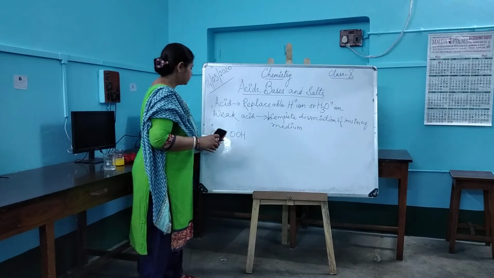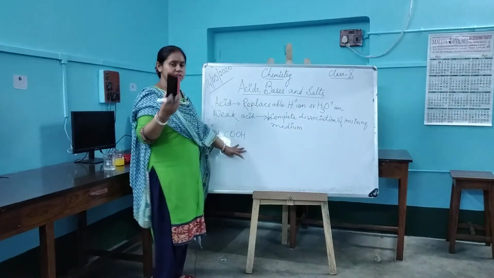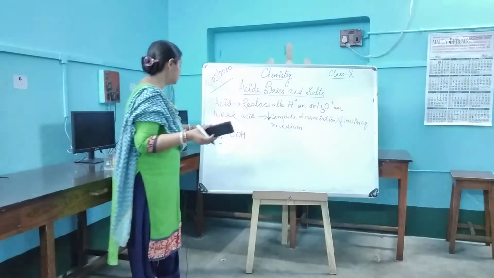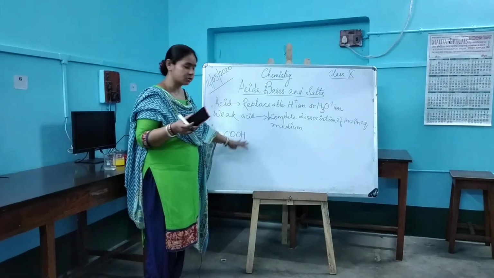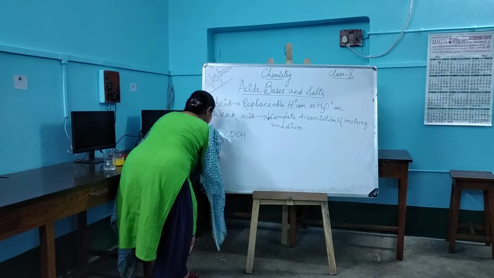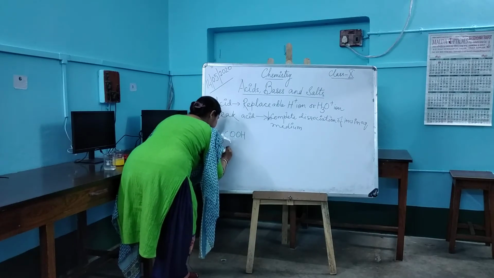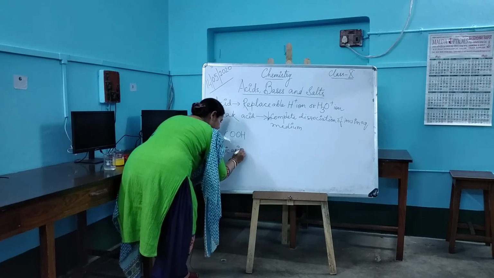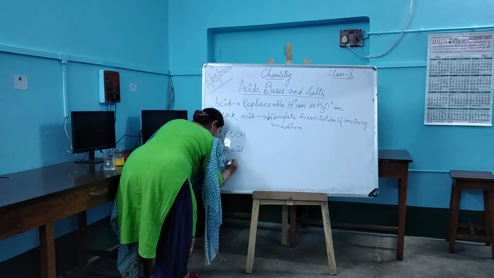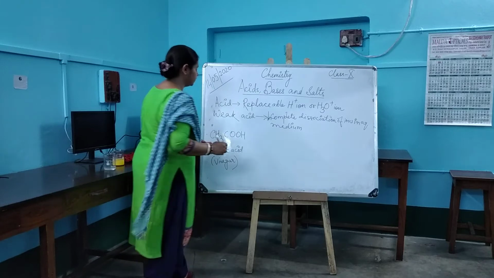Just look at the formulas now. Later on, while we will be learning about carbon compounds, I'll tell you about the details of these acids. So this is acetic acid, which is present in vinegar.